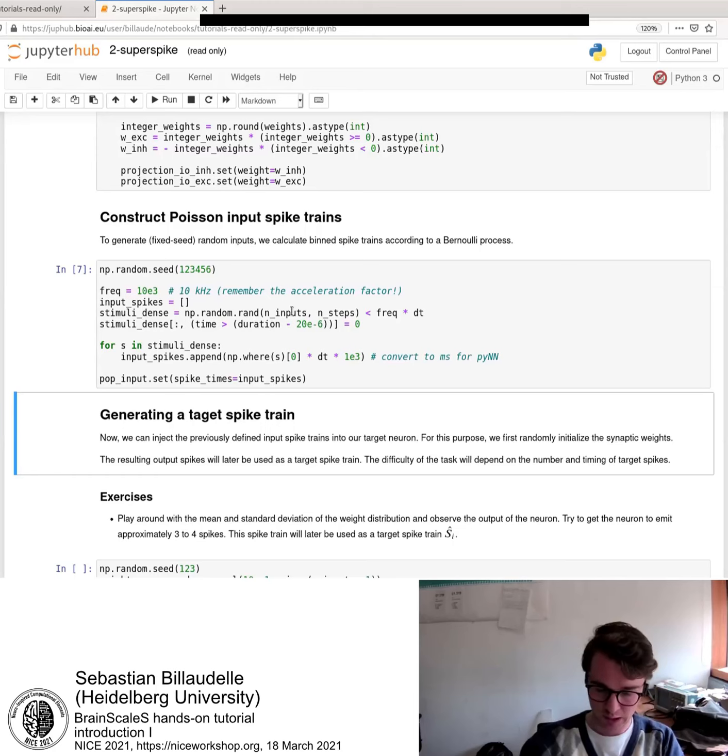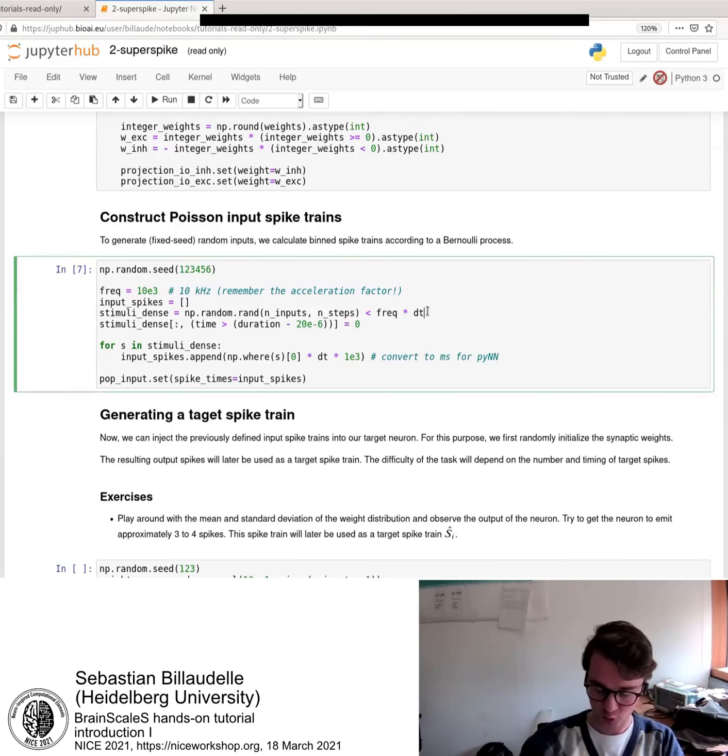So we now calculate these input spike trains on a grid of 0.1 microseconds. We simply define an input frequency. This is per unit. These 10 to the 3 hertz are 10 kilohertz. And here again, please remember that speed up factor of the hardware, 10 to the 3. So in biology, this would be 10 hertz per presynaptic neuron.